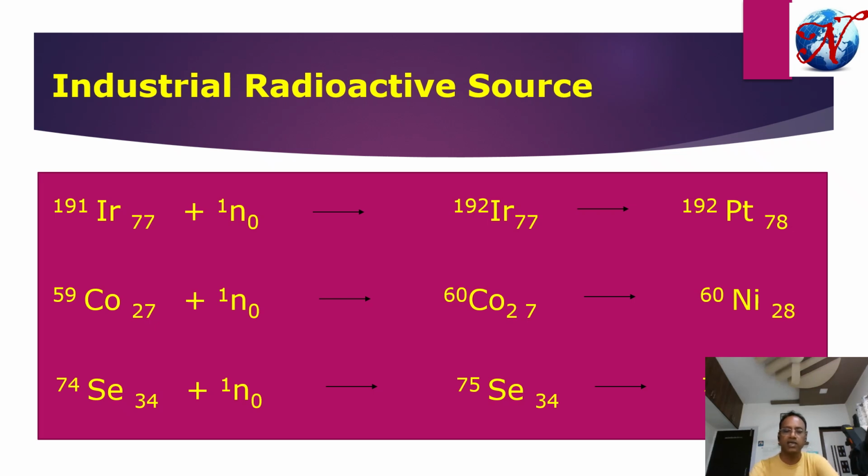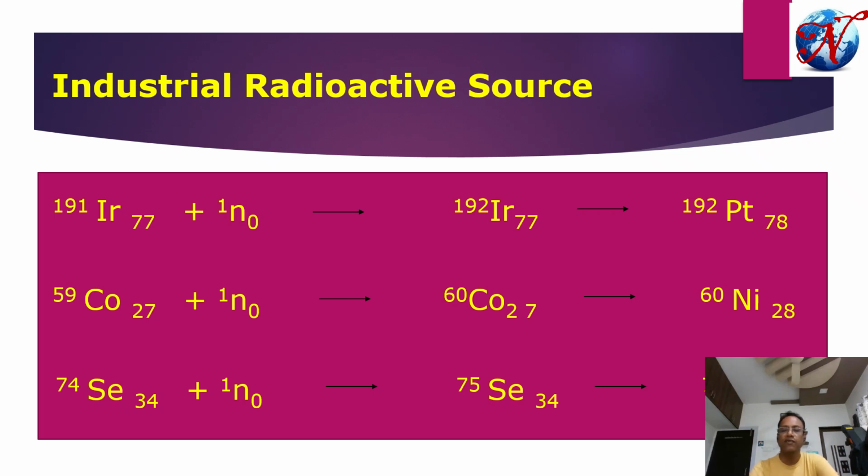In the same way, cobalt, a naturally occurring element, is cobalt-59, which when bombarded with neutrons is converted to cobalt-60. It is also a beta emitter. After the beta emission, it is converted to nickel, and along with the beta emission we get gamma radiation spontaneously.